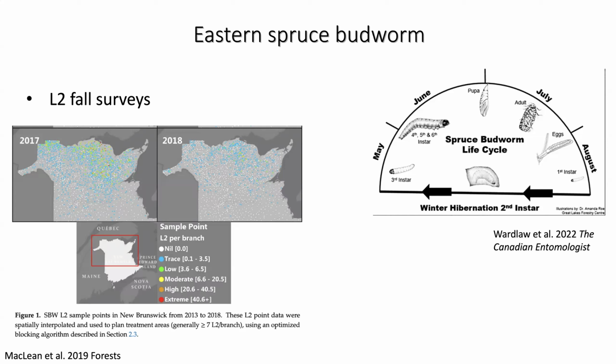Generally when we see L2 counts of 7 or larger, we start to think that we might be approaching outbreak levels, or that we're going to see a significant number of individuals in the following spring and summer. So this is another way that we can monitor populations, to get a sense of what we might see in the following summer.